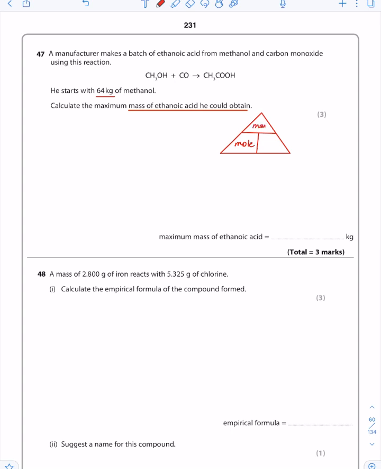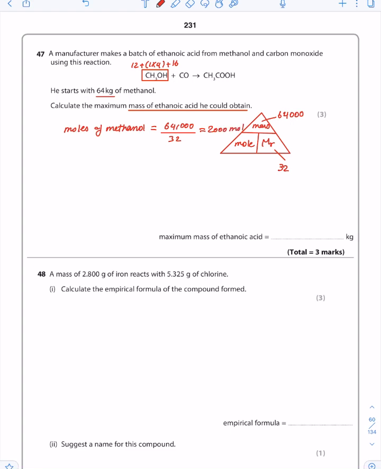We have the mass, 64, which we multiply by 1000 to get 64000. The MR of methanol, CH3OH, is 32: carbon 12, hydrogen 1 by 4, oxygen 16, which all gives 32. So the moles of methanol is equal to the mass 64000 over the MR 32, which gives 2000 moles.